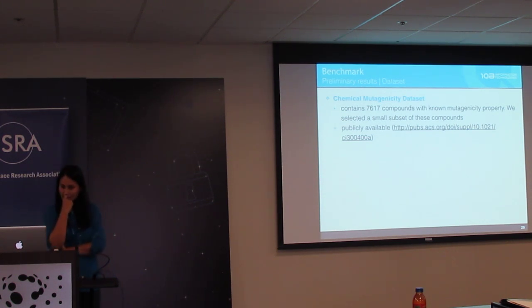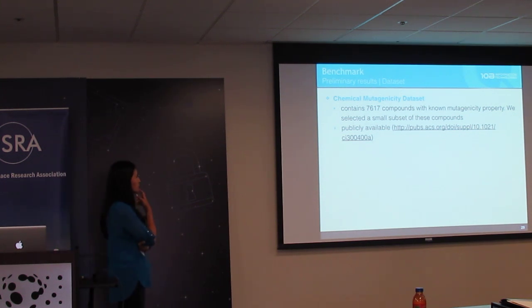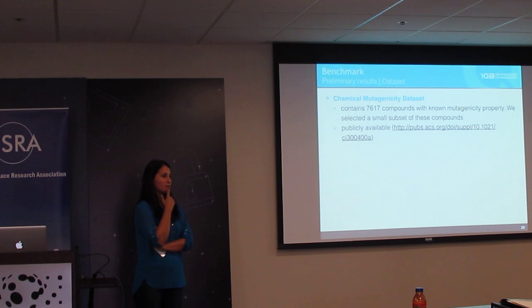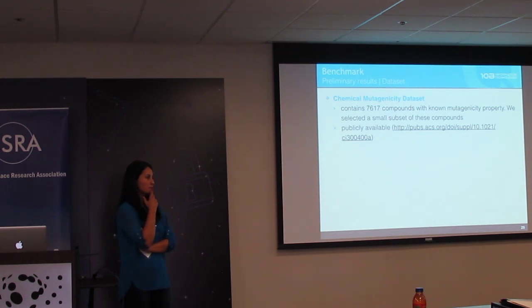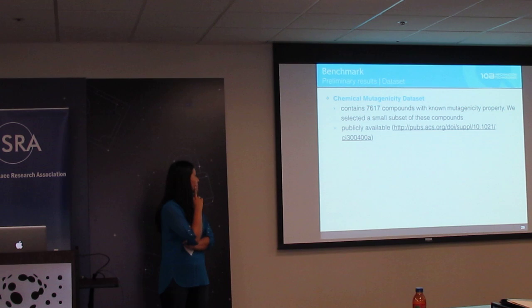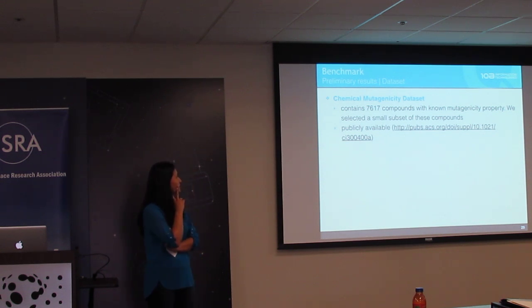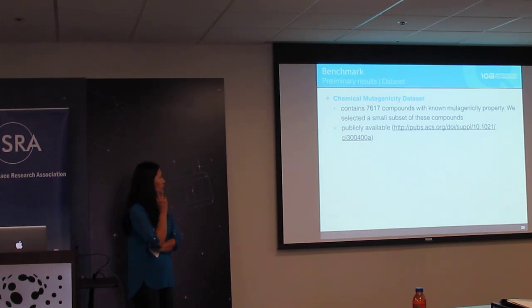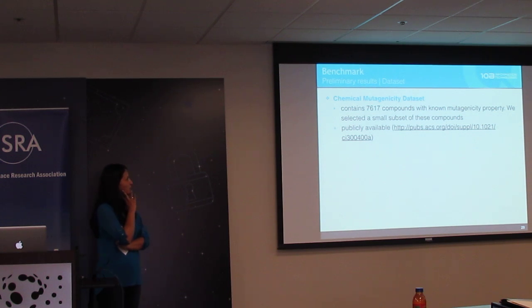The data set that we are using is available on this website, and it's big. In that paper, they say that it's the biggest one that they have so far. It has 7,000 plus compounds, all with a very well known property, the mutagenesis property.